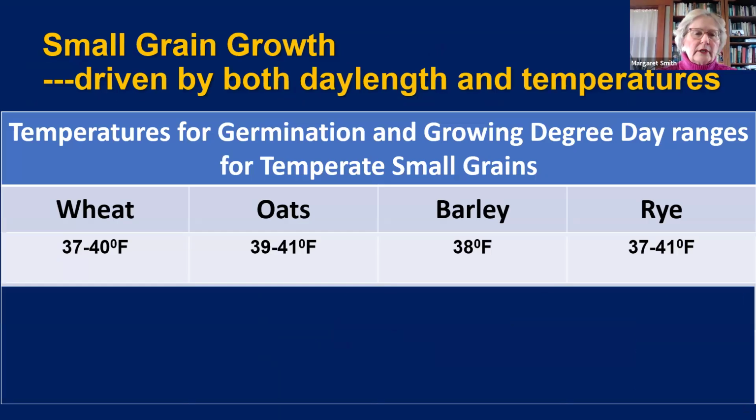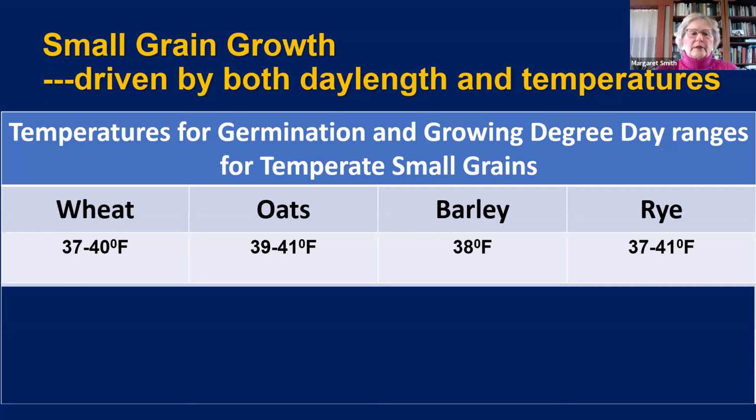So as I said, small grain growth and development is driven by both day length and temperature. These temperatures for germination here in the first part of this graph were derived largely from greenhouse and growth chamber studies. So if you look at them, 37 to 40 degrees Fahrenheit for wheat, 39 to 41 for oats, 38 for barley, 37 to 41 for rye.